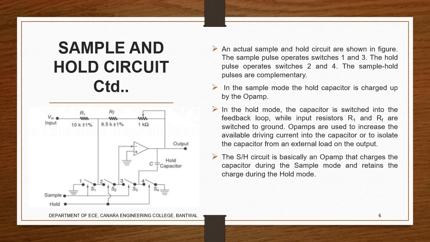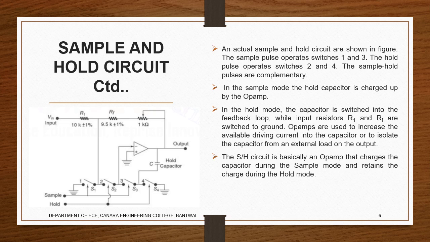When the switch is on, the mode is charge. Switch 1 is connected to ground, and switch 3 is connected so that the charge is given to the holding capacitor.